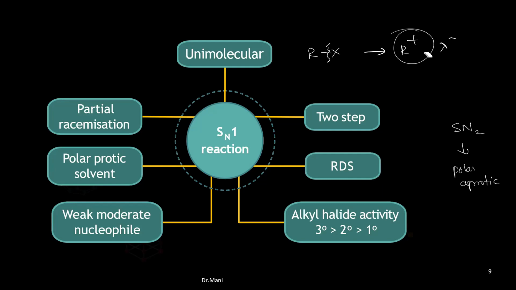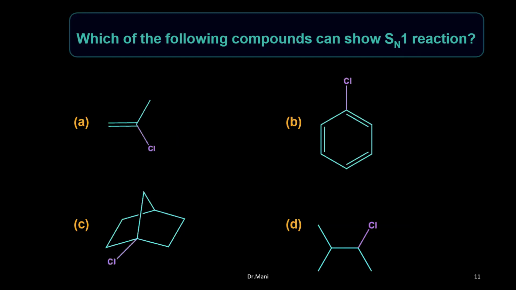This formation of the carbocation is a very slow process, so it is defined as the rate determining step. We saw it is a two-step reaction, whereas SN2 is a single-step reaction. SN2 is one step, SN1 is two steps. Is that clear?